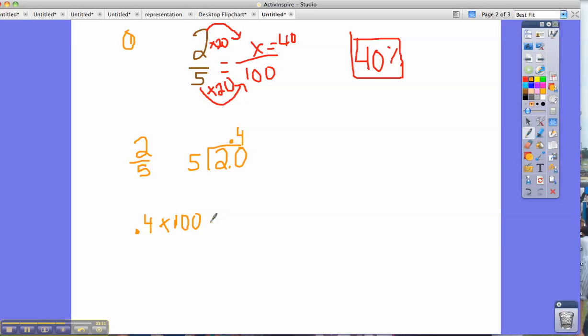Anytime you multiply by 100, all you're really doing is moving your decimal over 2 times. So 0.4 times 100 would be 40. And if you had to work that out, if you didn't know that, we can still work it out. 4 times 0 is 0, 4 times 0 is 0, 4 times 1 is 4. We have 1 decimal space, so we move over 1 space from the back. That's 40.0, which is just 40. So that's 40%.